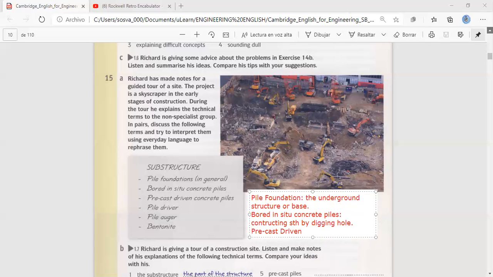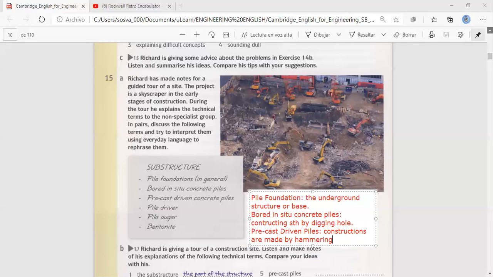It says that precast driving is when they make in the underground systems, like drain systems or that kind of structures, that are made by hammering.